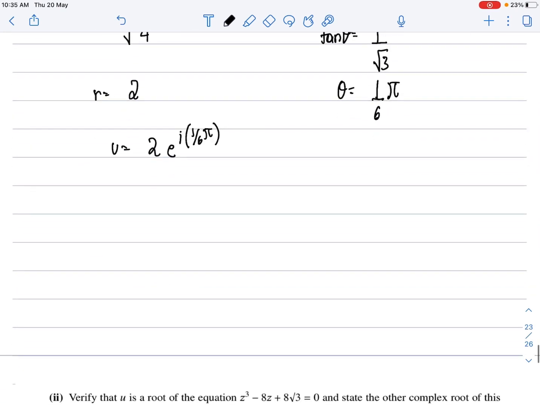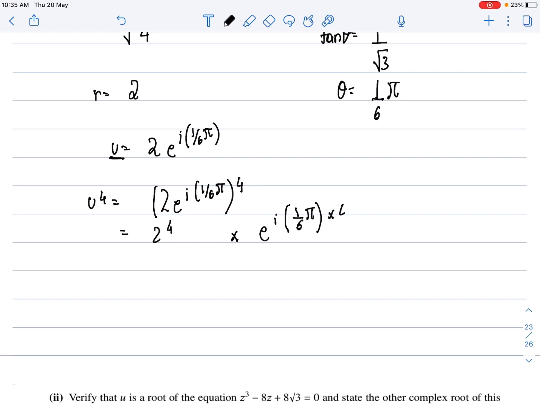If I know u is this, u raised to 4 will be equal to 2 e raised to i into pi over 6, the whole raised to 4, which can be written as 2 raised to 4 into e raised to i into pi over 6 into 4, because when it's raised to 4 it becomes multiplied in the power.